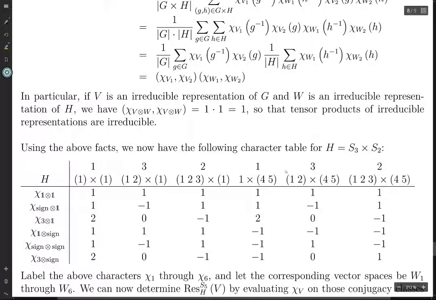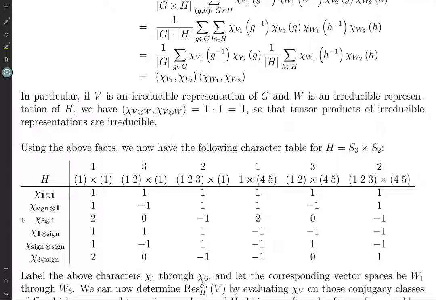So we've got 6 of these, and then we had 3 irreducible characters for S3 and 2 irreducible characters for S2, and because of this formula up here, we know that we can obtain 6 irreducible representations of H by taking tensor products of the irreducible representations of S3 and S2.